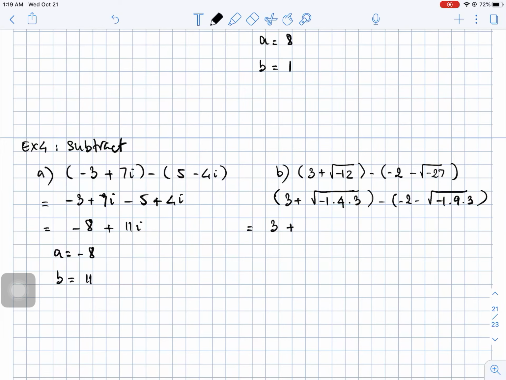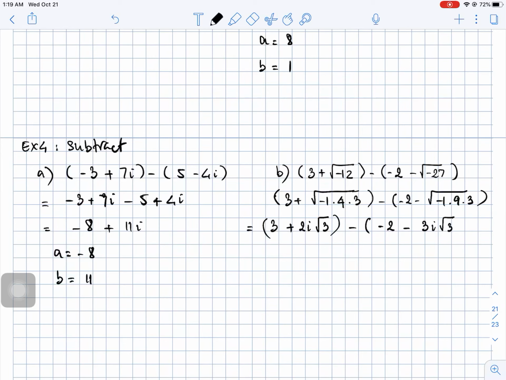Similarly, like before, we have to simplify the radical of the negative square root. So the 12 we will break into 4 and 3, and the 27 we will break into 3 and 9.